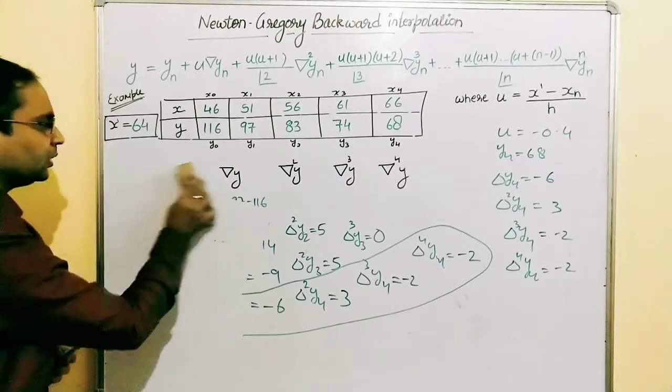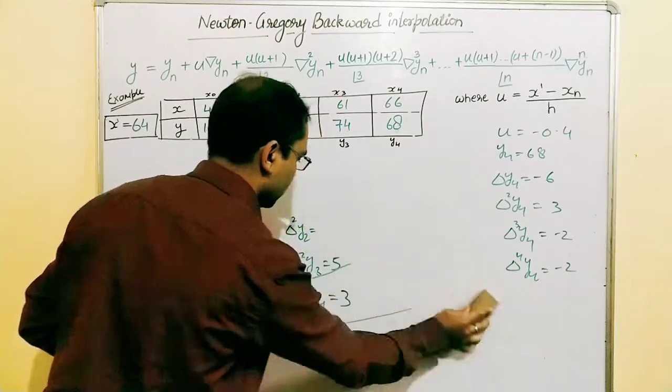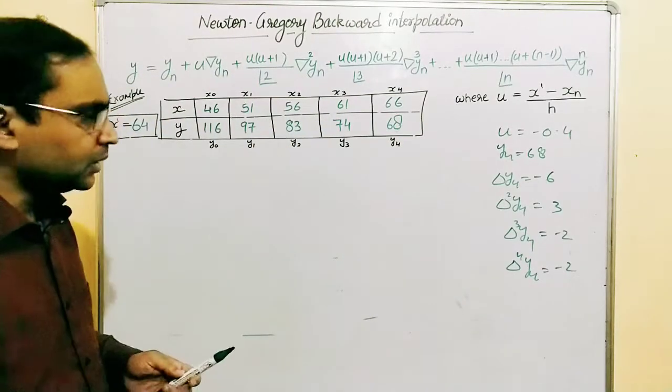Now let's substitute these values into the formula and evaluate the actual result. So let me remove this and substitute these values into the formula. Let me write the formula first.